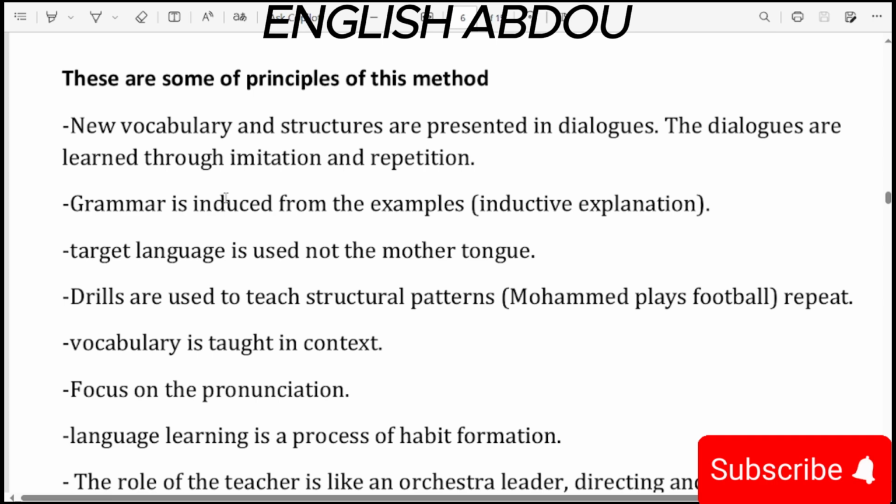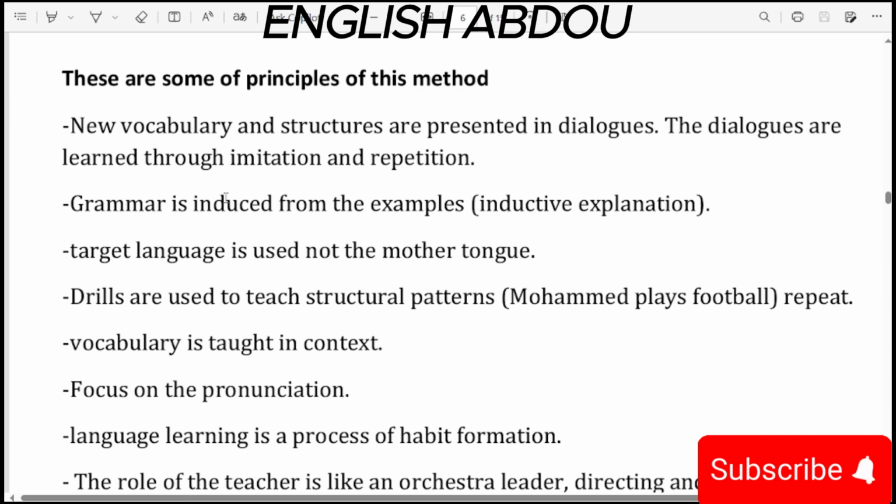New vocabulary and structures are presented in dialogue. For example, a teacher starts with a dialogue. Every lesson he wants to teach, he starts with a dialogue. For example, if we want to teach greeting or hello, he starts the dialogue and repeats it more than 3 times.